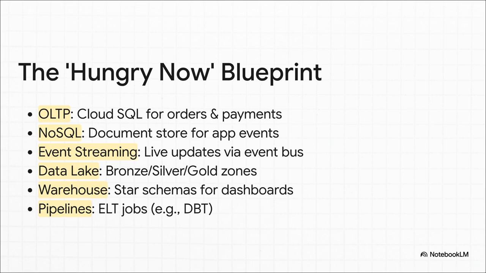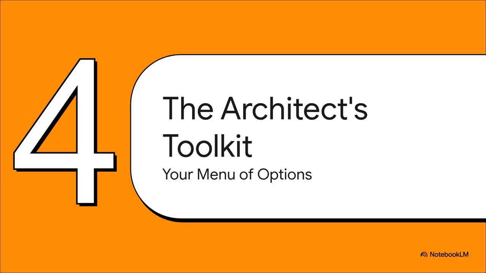And all this raw data gets dumped into a data lake, which they organize into zones, from raw bronze data to clean, refined gold data. That gold data then feeds a data warehouse with these super organized star schemas to make their business dashboards run crazy fast. And how does it all get connected? Through data pipelines that run ELT jobs. We'll get to what that means in just a sec. So, Hungry Now made some very specific choices.